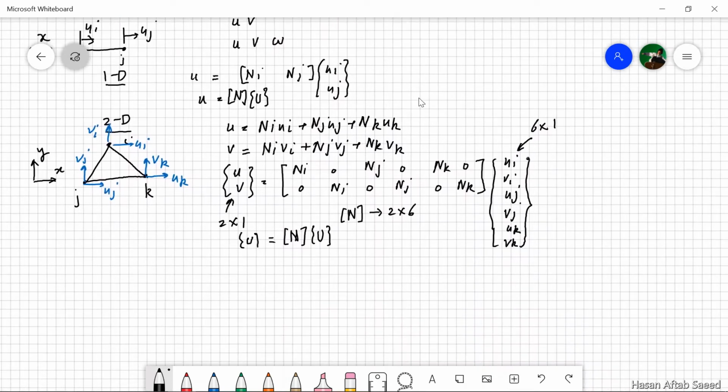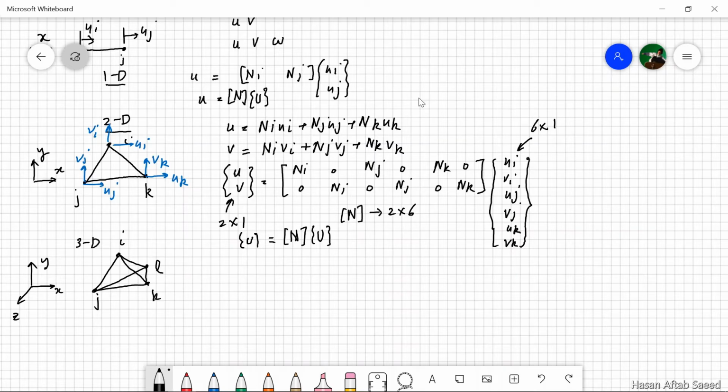Now, when it comes to 3D problems in stress analysis, now we have four nodes, the corners: i, j, k, l. In this case, we would need x, y, and z, 3 coordinates to define this, because any node will have three components of displacement.